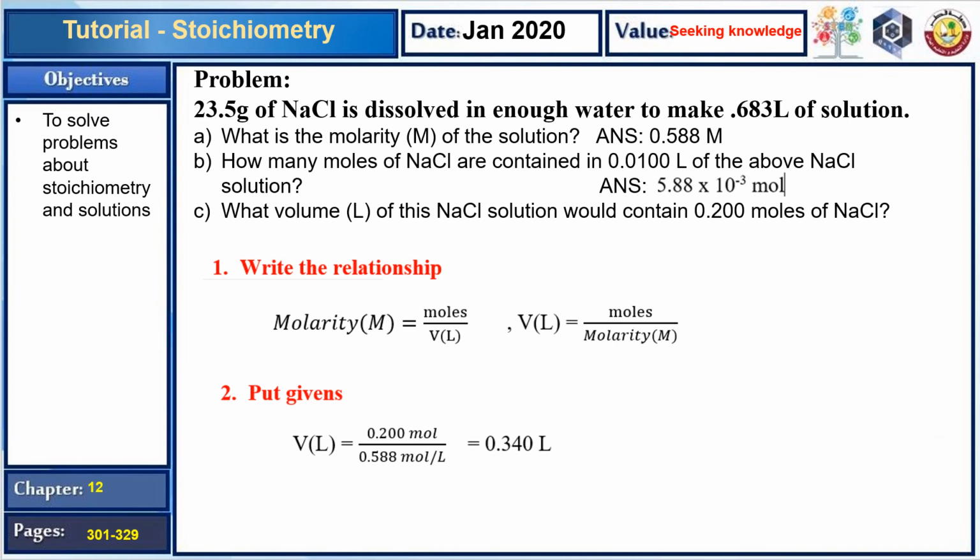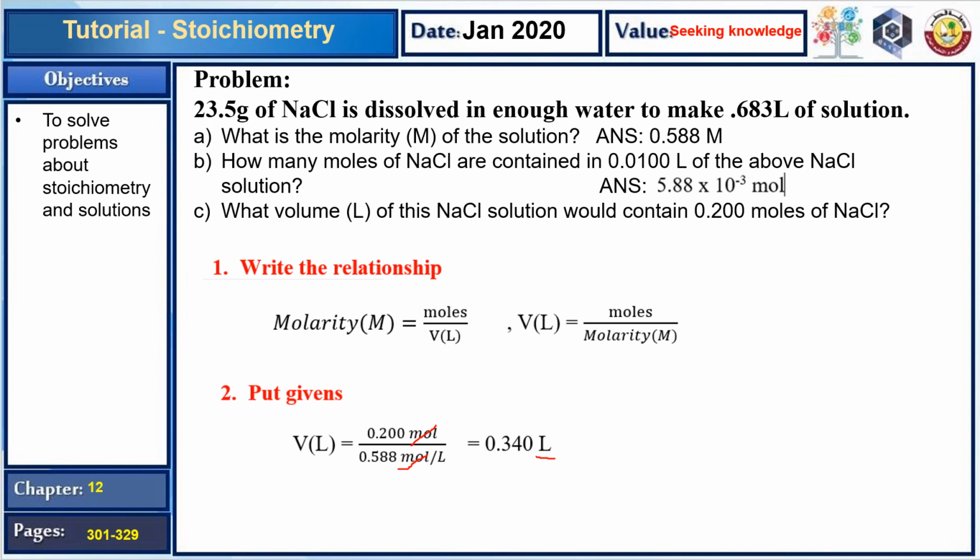This mole and this mole are cancelling each other. 1 over L comes as L here, and 0.200 over 0.588 becomes 0.340 liter. So now we solved all these questions and the problem is solved.